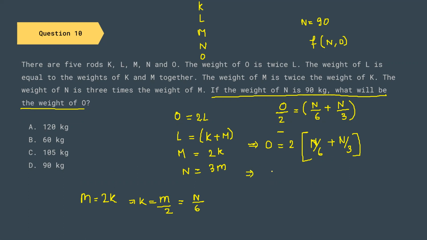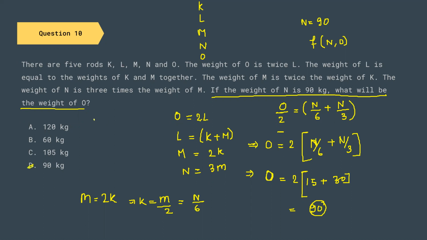So instead of n, I'm going to write 90 by 6, and 90 divided by 6 gives us 15. And 90 divided by 3 gives us 30. So this will be 45 into 2, and 45 into 2 is 90 kg. So this will be your answer.